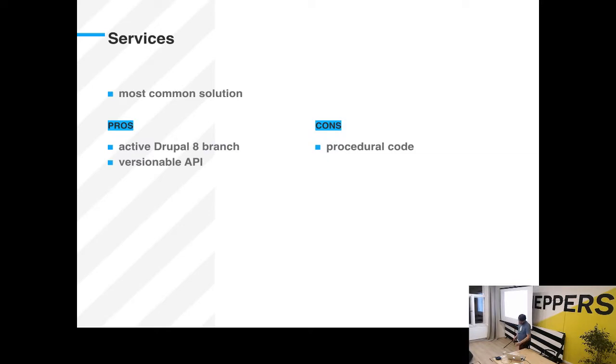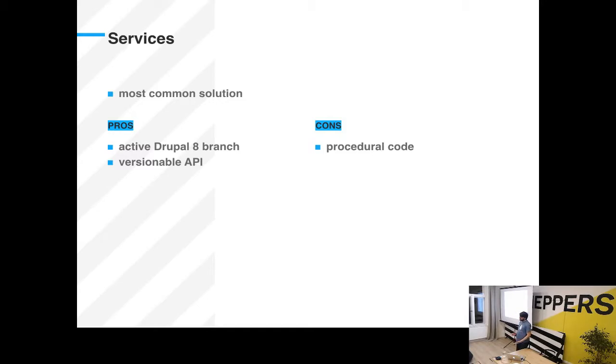The other module, Services, all of you probably know it. It's probably the most common solution for Drupal 7 decoupling. The project has an active Drupal 8 branch, so you can use it in Drupal 8 as well, and it also provides a versionable API, but personally I never used this versionable API functionality.